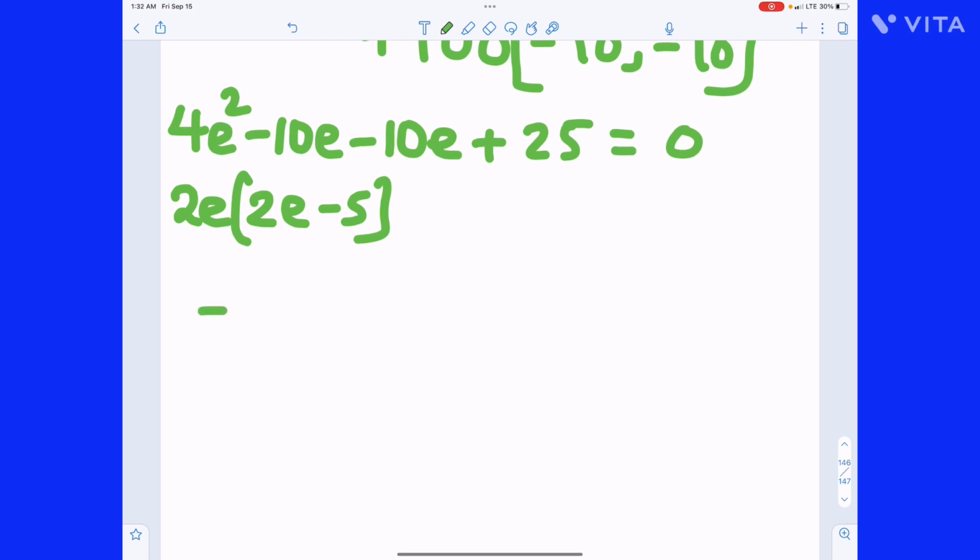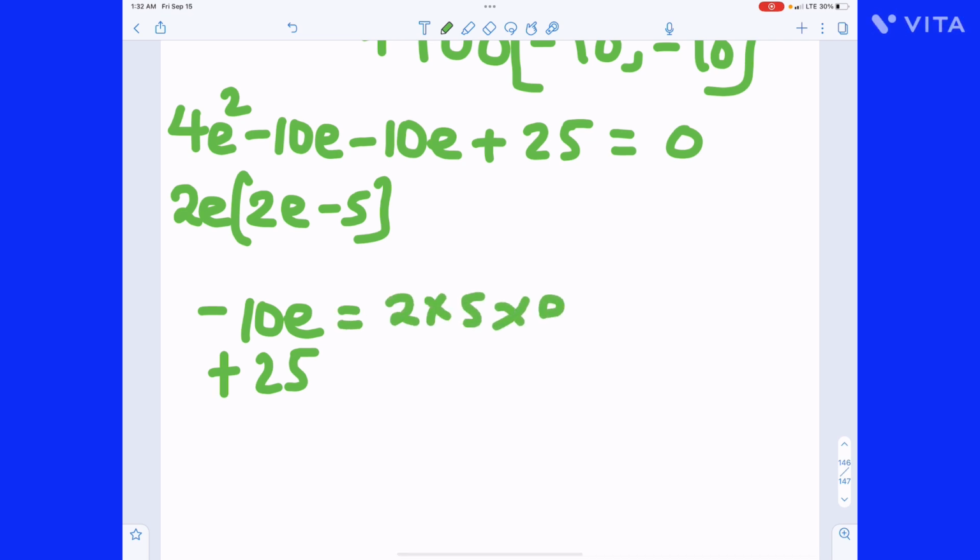Next, I want to factorize minus 10e and plus 25. 10 is 2 times 5, there's an e and a minus sign, so times e times minus 1. Then 25 is 5 times 5.